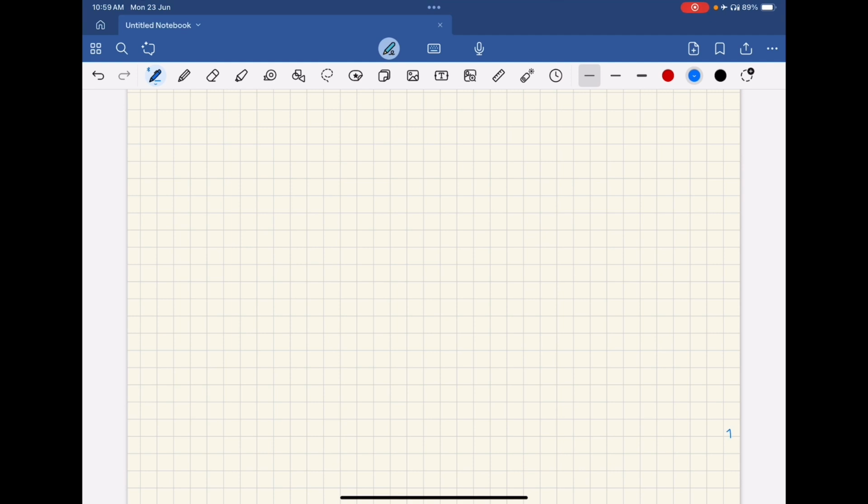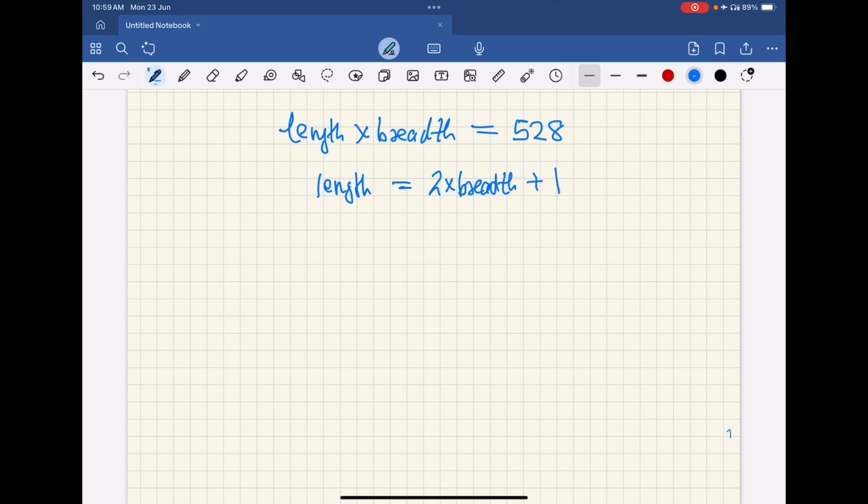So students, first let us understand what the area of a rectangle is. Area of a rectangle is its length into breadth. So according to the question, length into breadth is 528 meter square. Also we are given a condition that the length of the plot is one more than twice the breadth. Twice the breadth means two times breadth, and one more means you add one to it. So we understood this from the question.